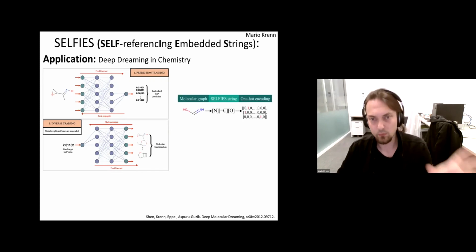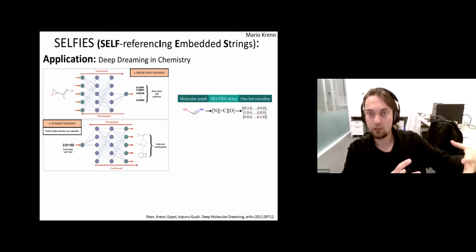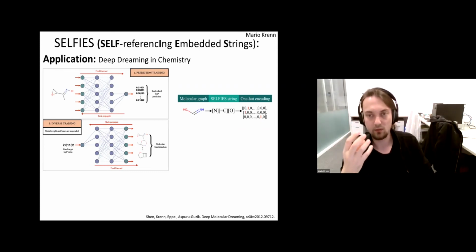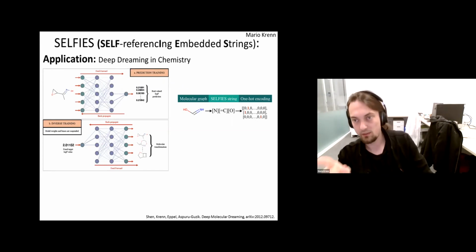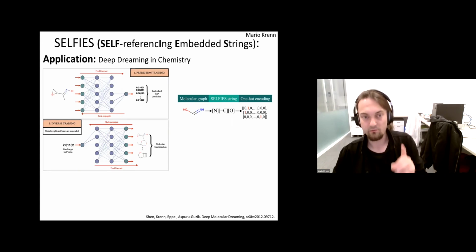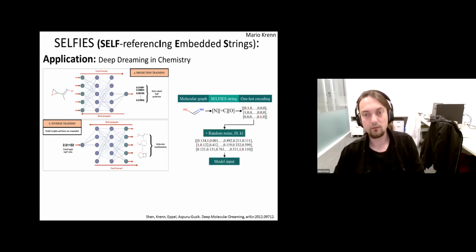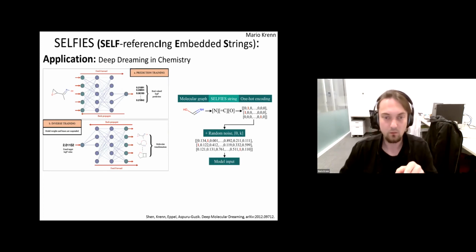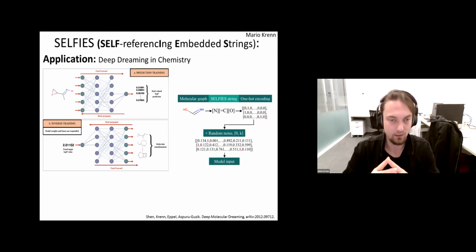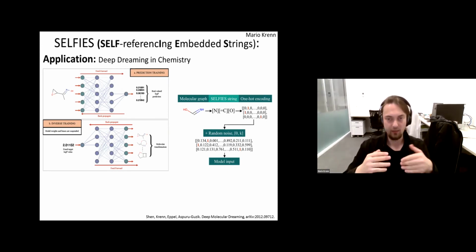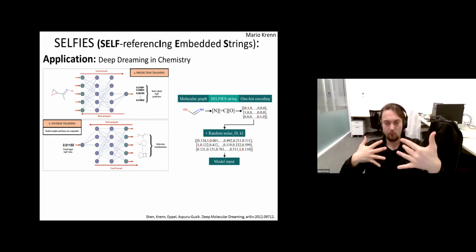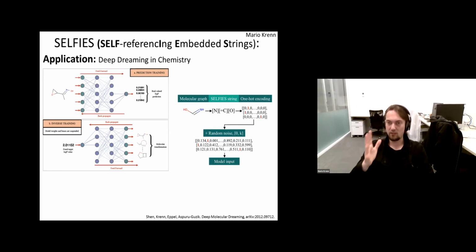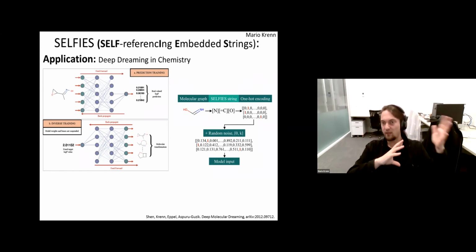So the input of our model was, we took a molecular graph and we transformed this molecular graph into a SELFIES representation. And this we transform into one-hot encoding. And then, very important, we needed to add noise. And this can be understood quite simply. In this backward training, we start with a molecule, and if the molecule is represented with one-hot encoding, it continuously changes the one-hot encoding into some other type of matrices.